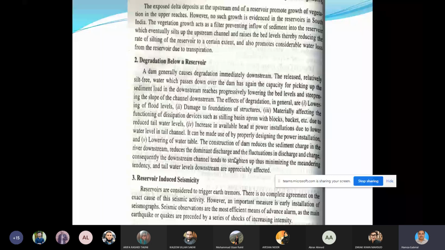Otherwise, they can trigger tremors in the area and cause structural damage. As you are putting more weight on the tectonic plates underneath, this may cause sliding of tectonic plates, resulting in seismic activity in the area. So you have to be very careful while filling the reservoirs. Every year, WAPDA issues SOPs on how to fill these reservoirs slowly with a predetermined fixed rate of filling.